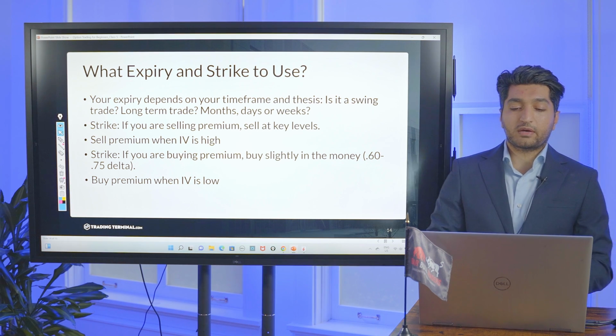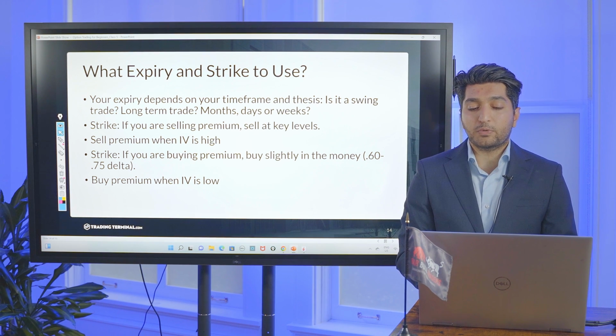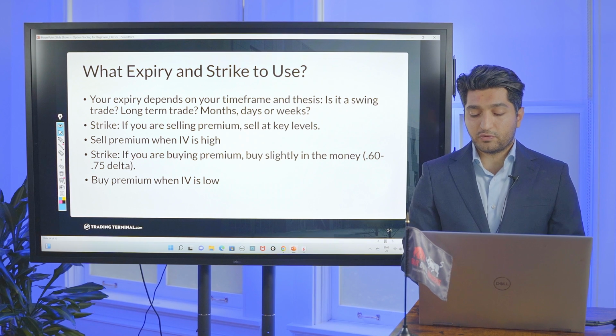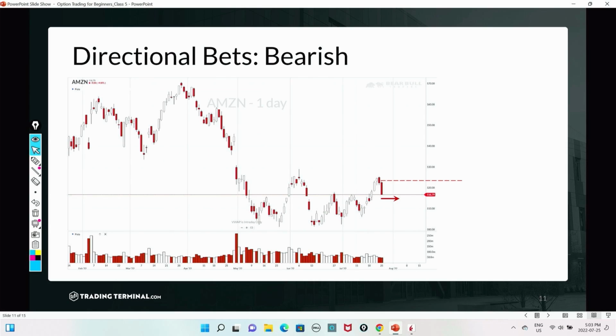What about a strike? If you're selling premium, try to sell at key levels. If you remember, when we were talking about Amazon, I said if I want to sell some premium, I probably use this as a level, or maybe use this as a level, areas where I want to sell premium.